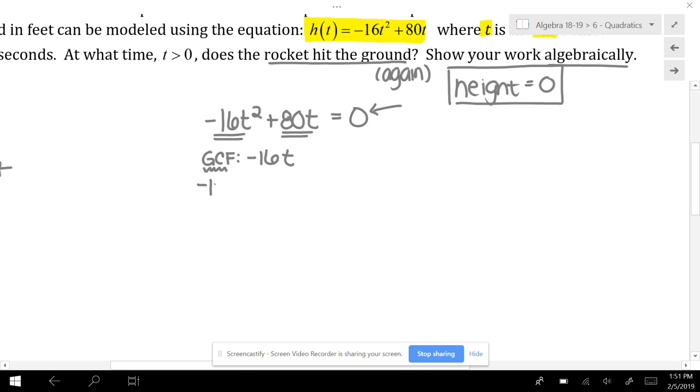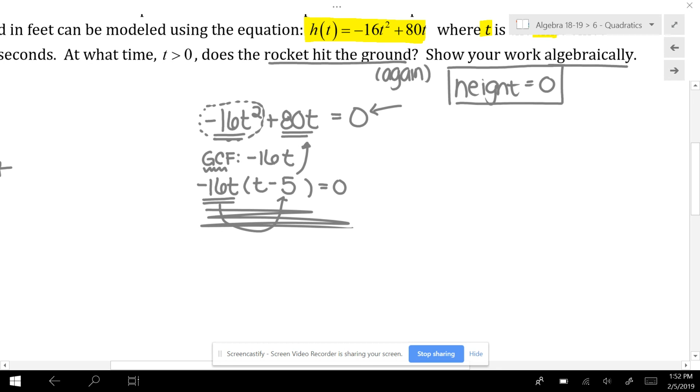So I'm going to factor out a negative 16t and put what's left in parentheses. Negative 16t times t gives me negative 16t squared. I'm factoring out a GCF. Negative 16t times negative 5 gives me that positive 80t.